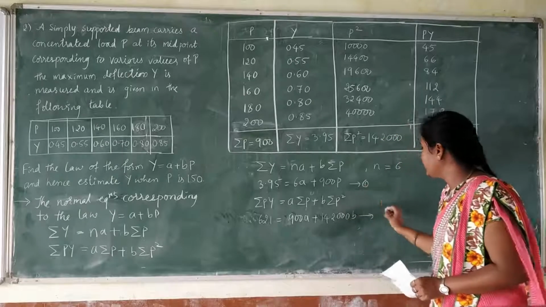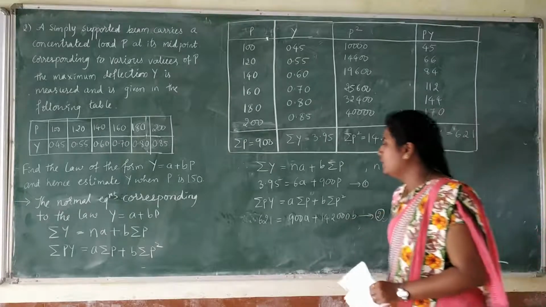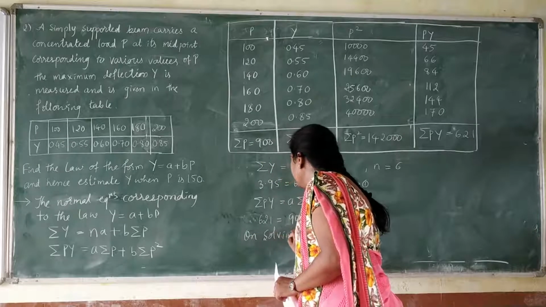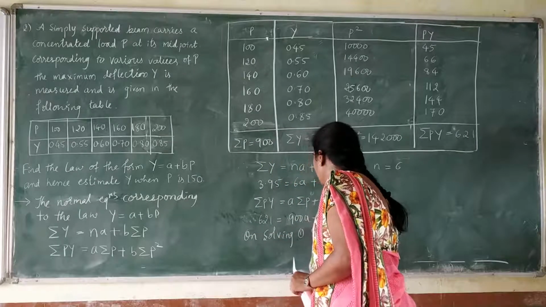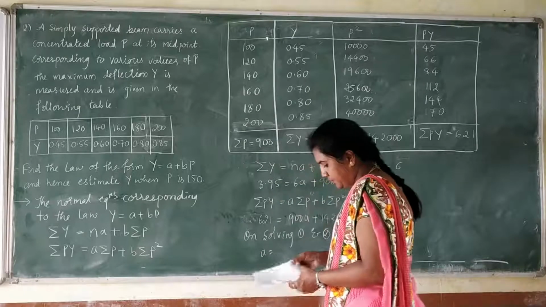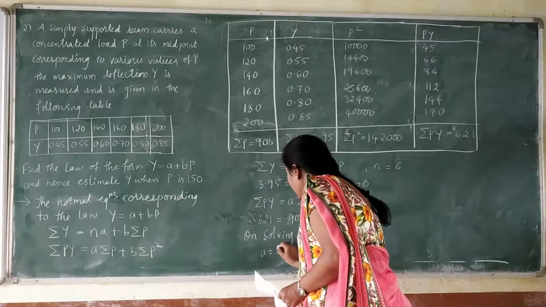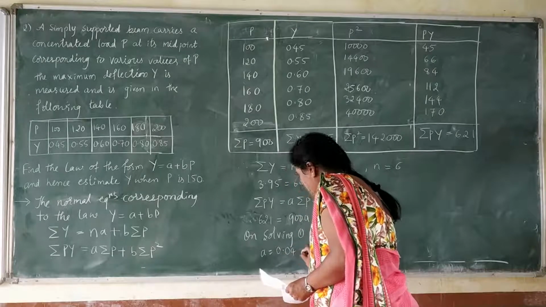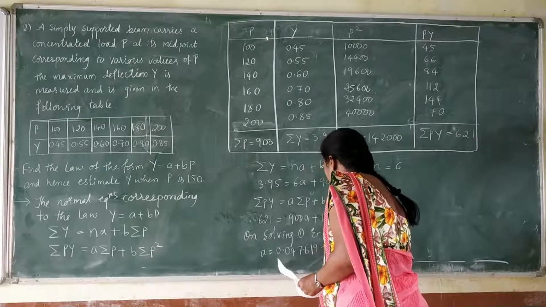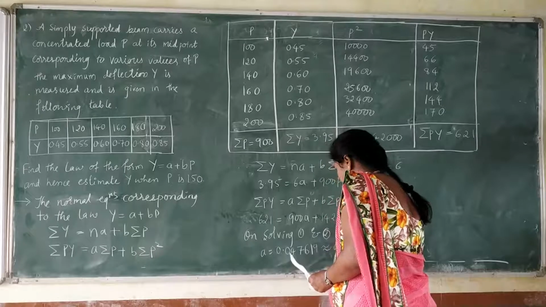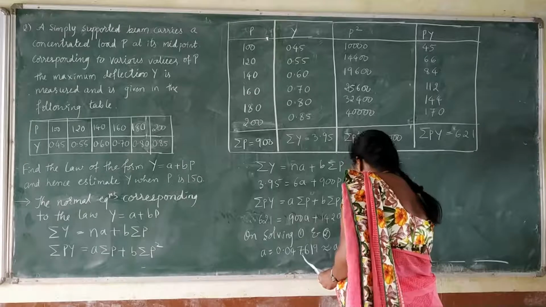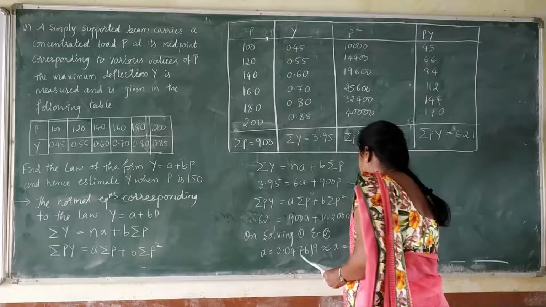Let us take these as equation 1 and equation 2. On solving equations 1 and 2, we get the value of a as 0.047619, which is nearly 0.0476.